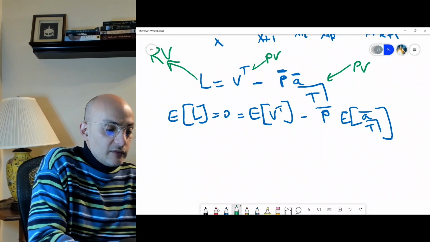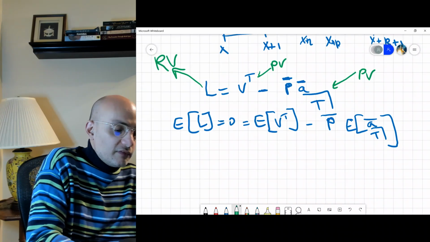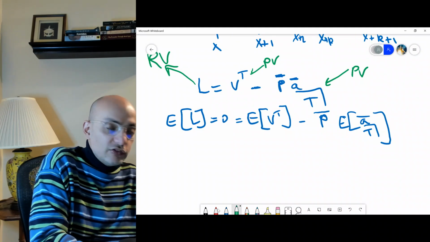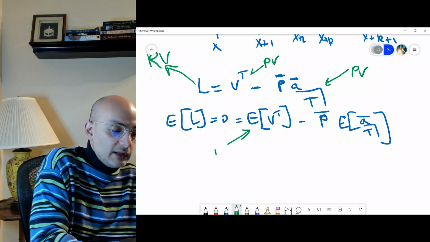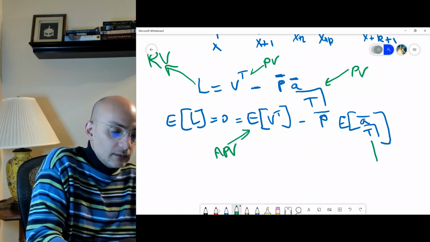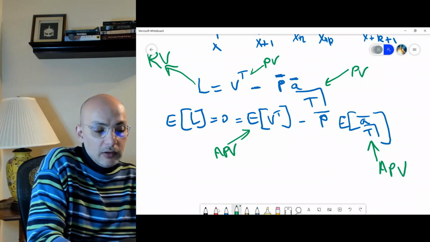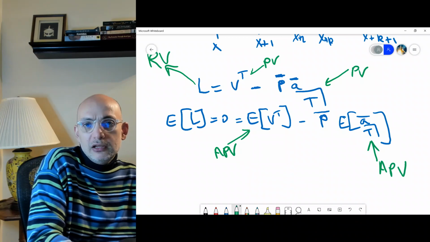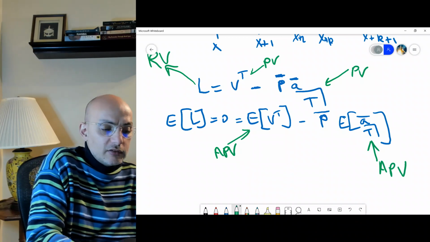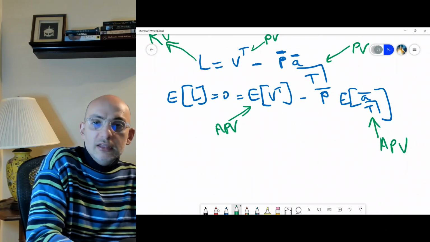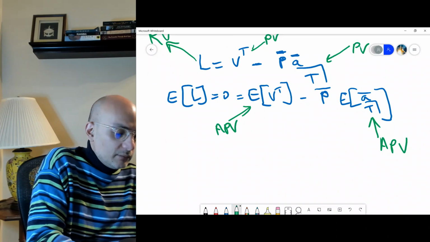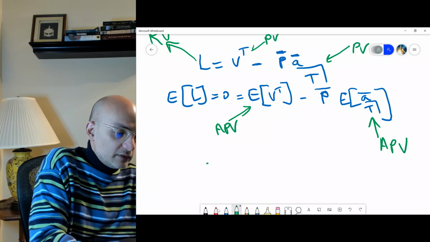When you take the expectation, you move from present value to the actuarial present value. The P, we give it a bar here because it's continuous. It's again a number, 2, 3, 4, whatever the value, so we took it out. There is no T in the P.